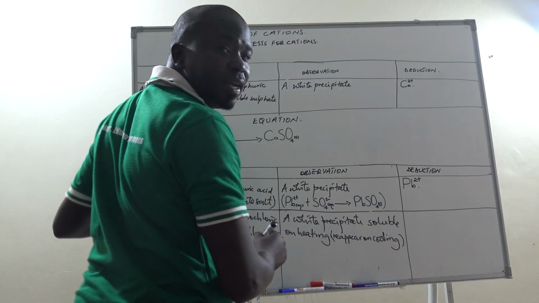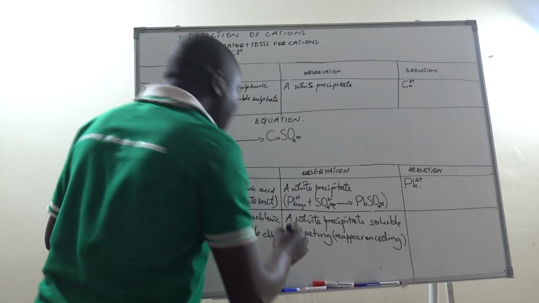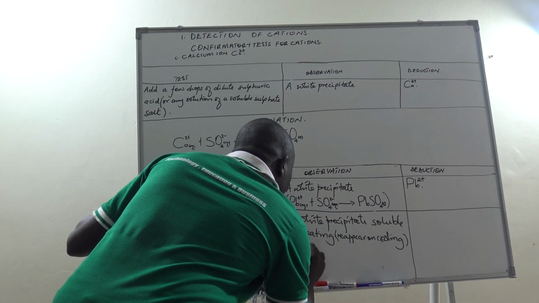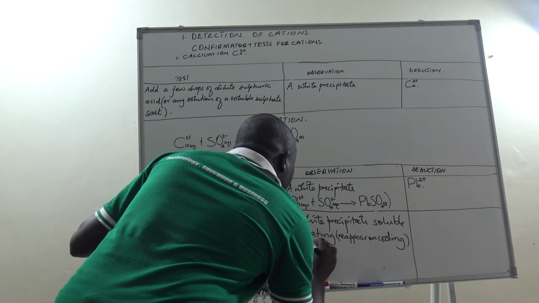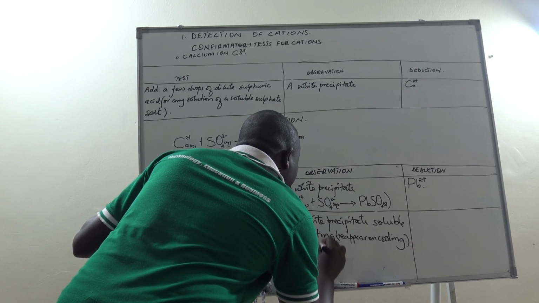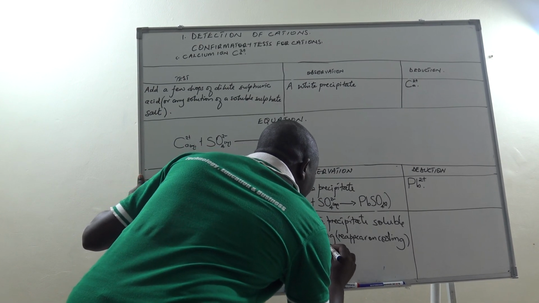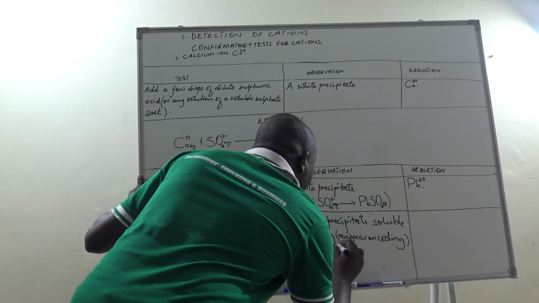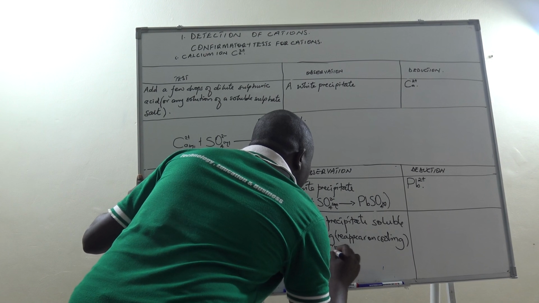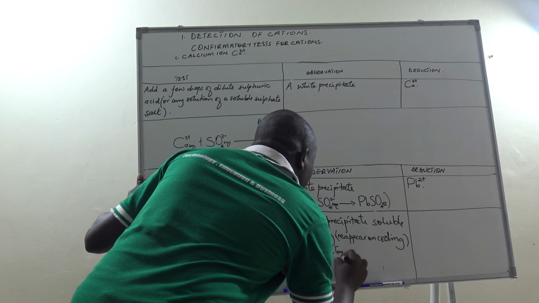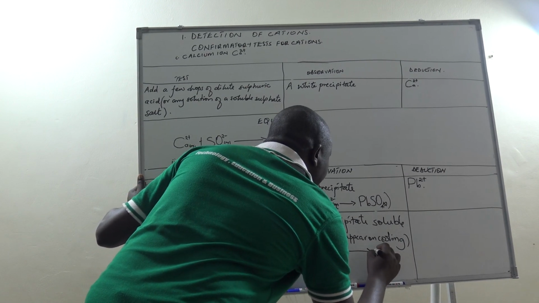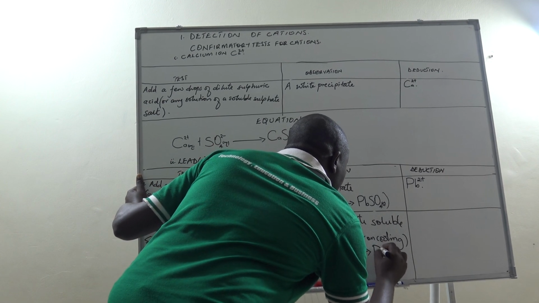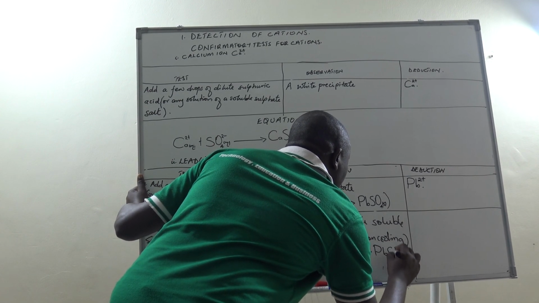So the reaction here is the lead 2 ion being a divalent cation, and the chloride ion having only one negative charge. We shall have two of these chloride ions combined with the lead 2 ion, and we get lead 2 chloride.